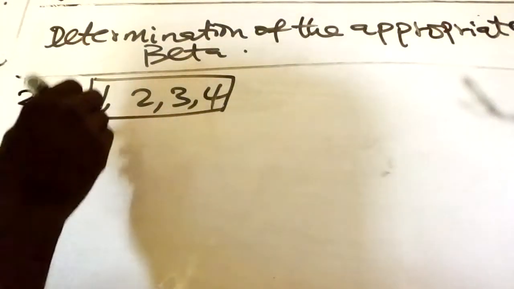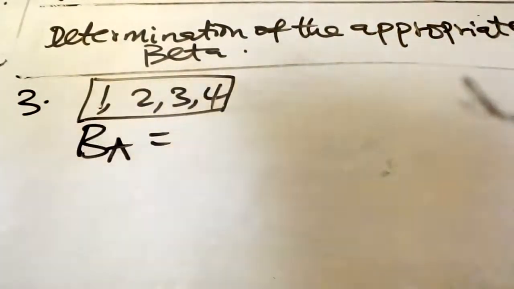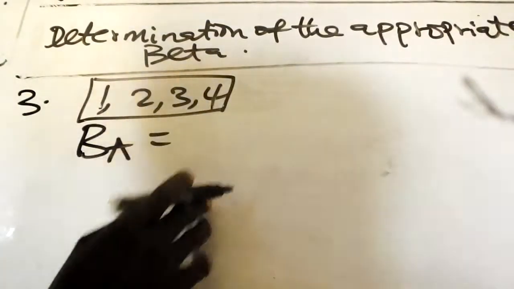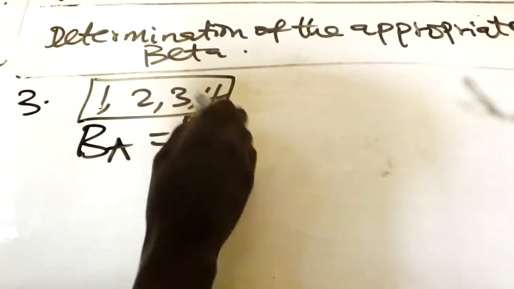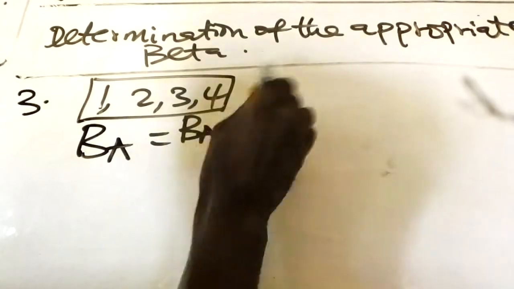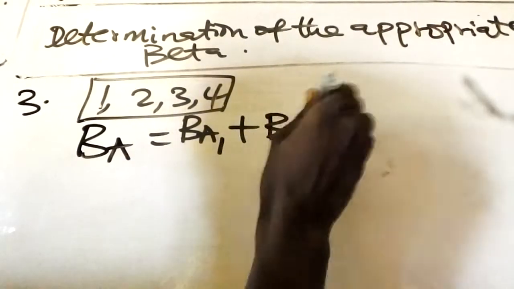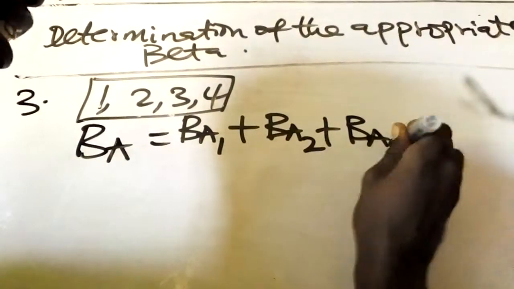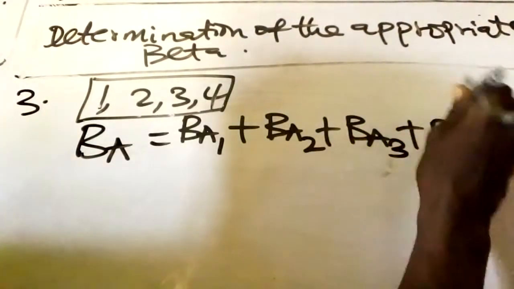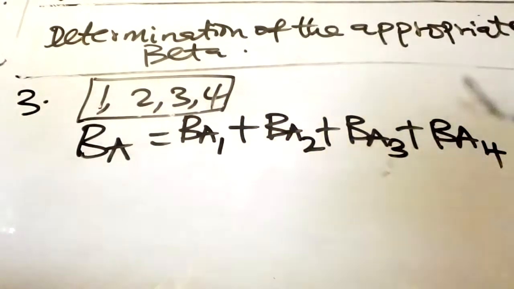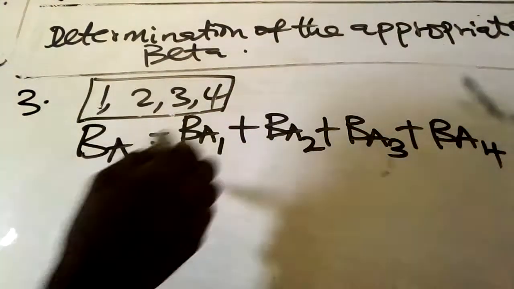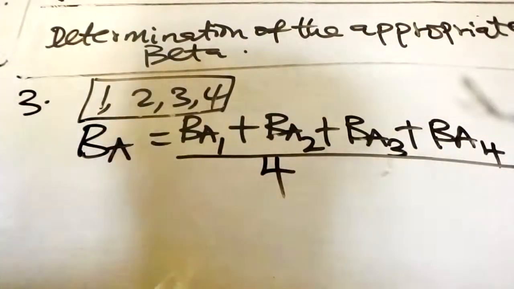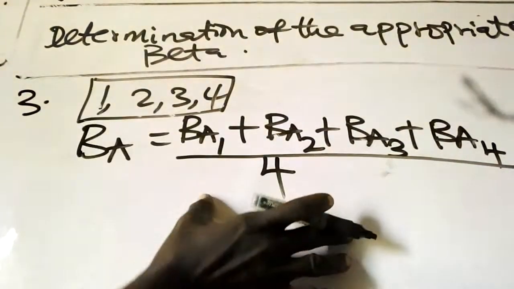After calculating the asset beta, you calculate the simple average asset beta of all the companies. That means you are going to have beta of asset of company 1 plus beta of asset of company 2 plus beta of asset of company 3 plus beta of asset of company 4. You add the asset betas of all the 4 companies, then divide by 4, since you have 4 companies. That will give you the asset beta.